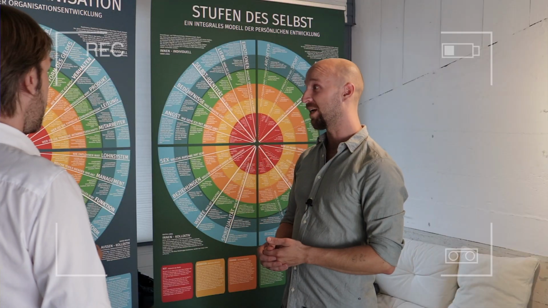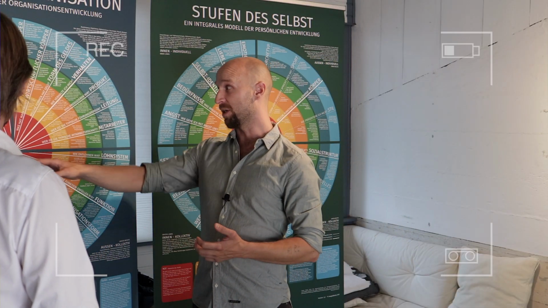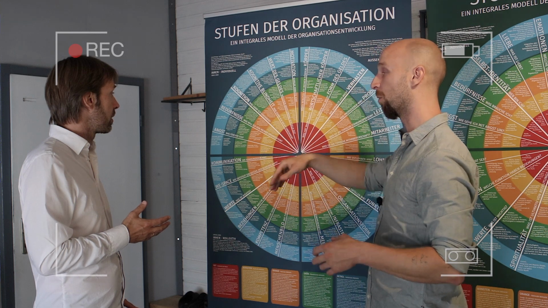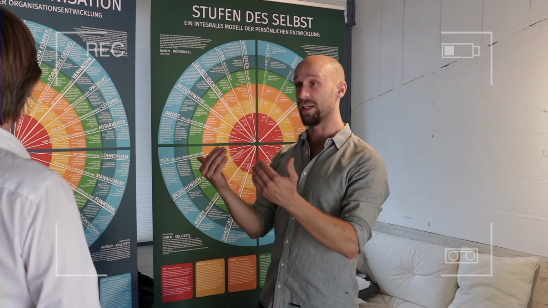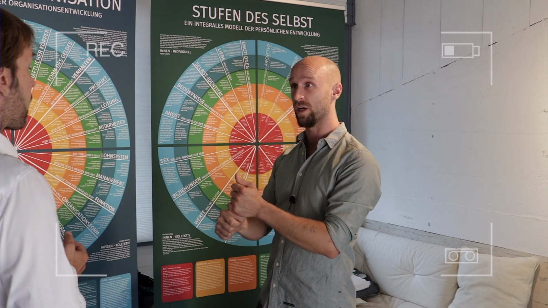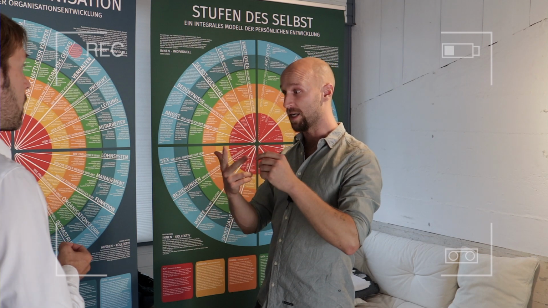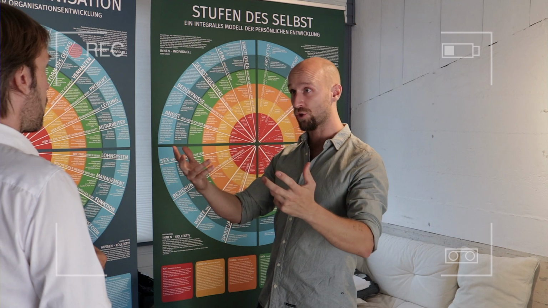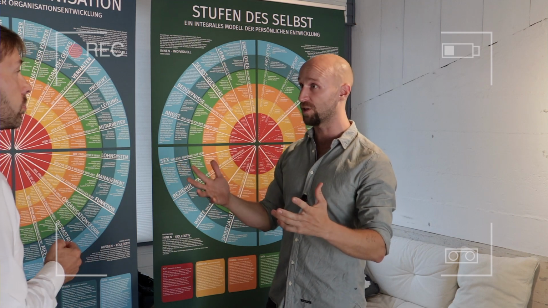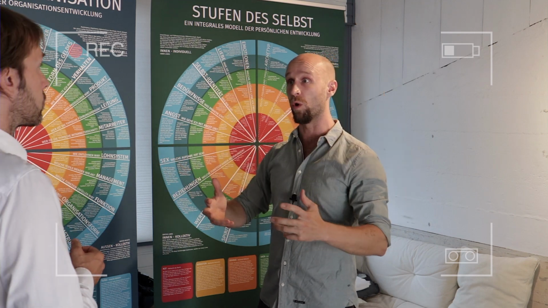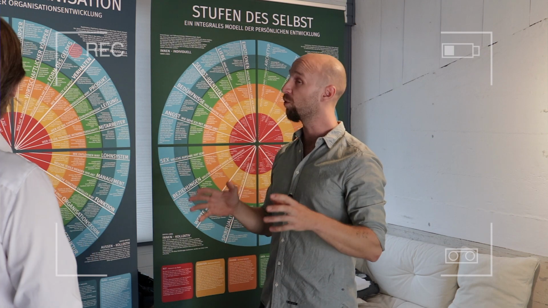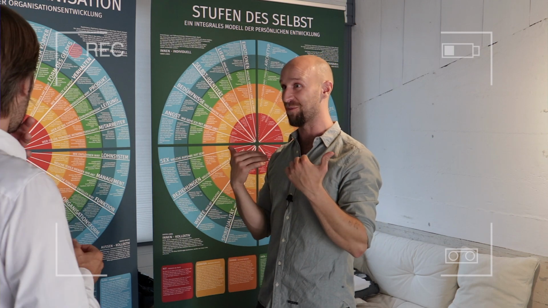Well, that actually makes sense, because what you're describing is the stage amber, where the most important thing I need from my company is a place where I belong. I need safety, and I need a clear, structured job. So when I come into the office in the morning, I want to know what my next step is. I don't want to guess, and I don't want to decide for myself.